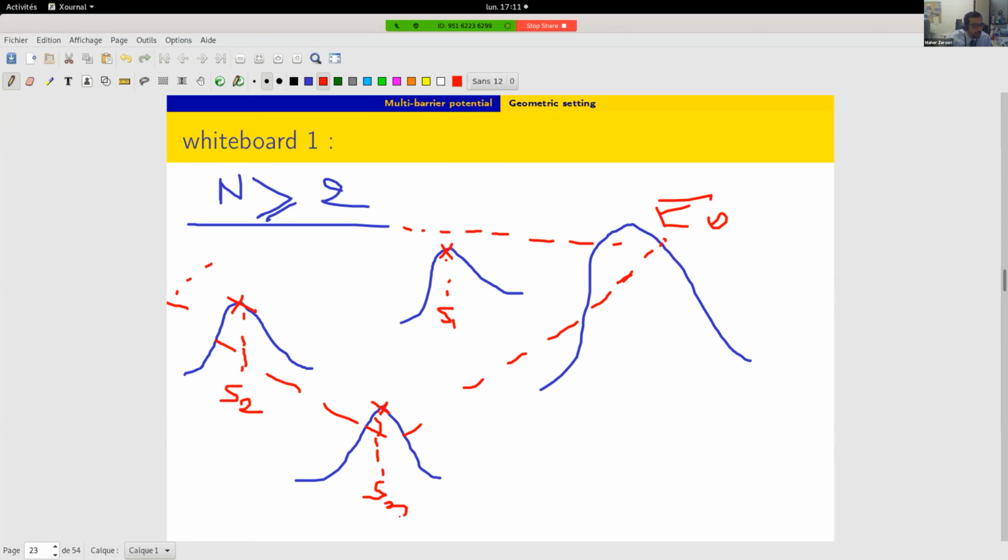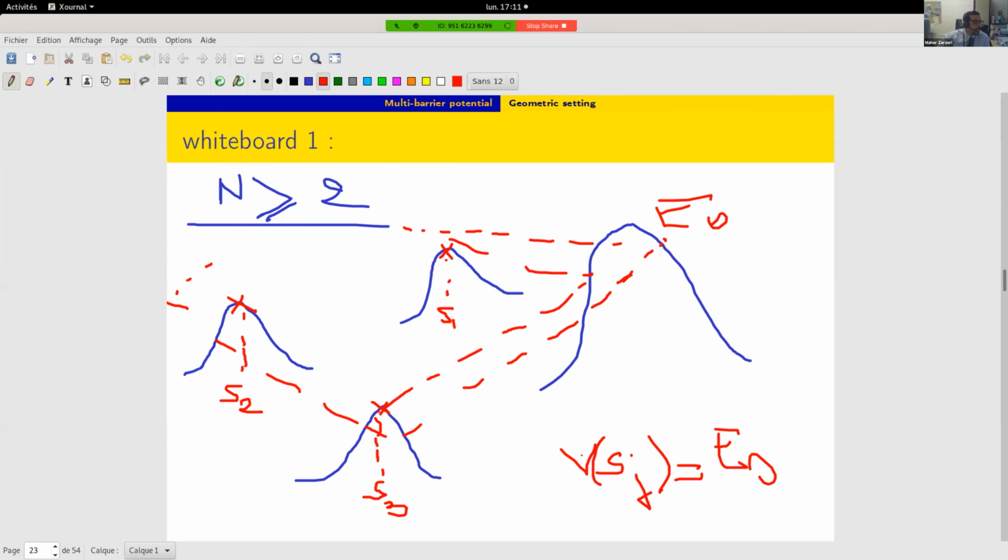V of Sj is equal to A0. So here the maximum is bigger, okay? And here, if you want to understand the trajectory, there is a lot of trapped trajectory between S1, S2, S3, and maybe some trajectory comes here, and goes here, and so on.